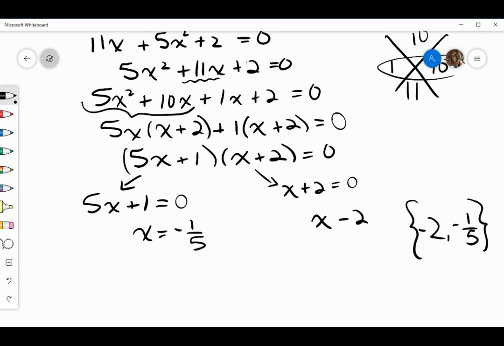Now again, if we're looking at this in factored form and thinking, well, I can pull out the roots, that only happens if we don't have a coefficient here. It's not -1, is it?